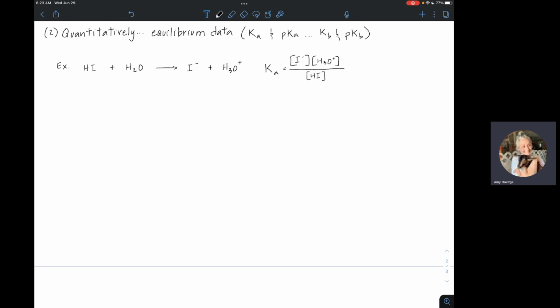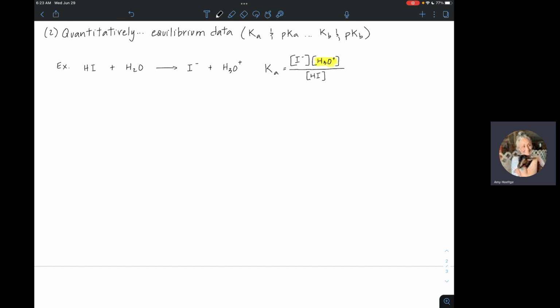So now, usually when you're given these equilibrium constants, you get just a number, right? But you have to be mindful of what this expression actually is telling you. You're looking to make these products from the acid. So if you have a large Ka value, since that's in the numerator, at equilibrium you have mostly products.